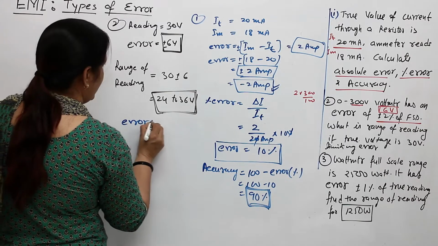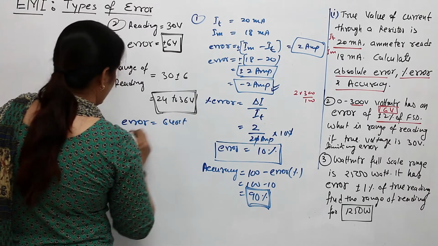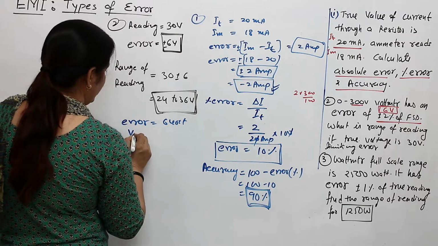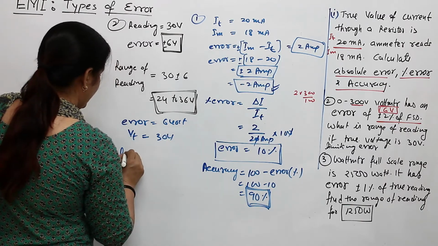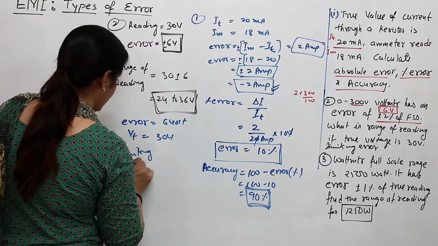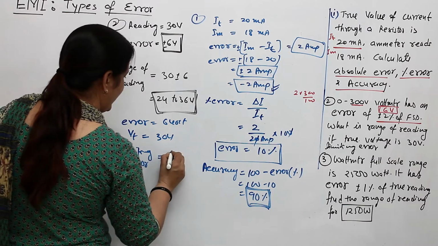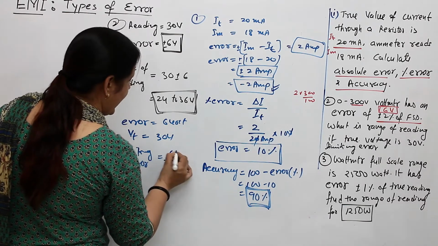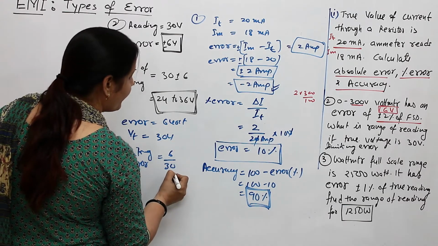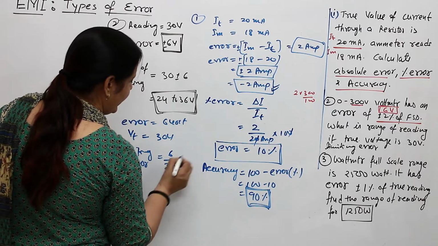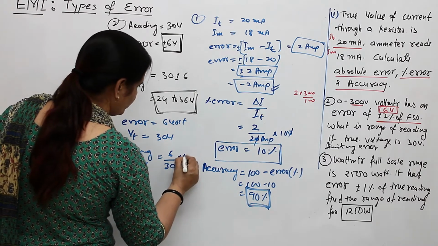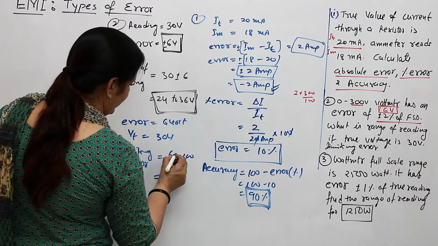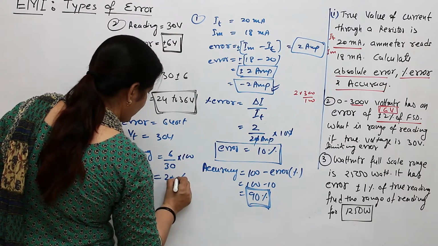Error is 6 volt, and VT, the true value of voltage, is 30 volt. Limiting error is with respect to the true value, so 6 divided by 30 times 100. That will be 20%.